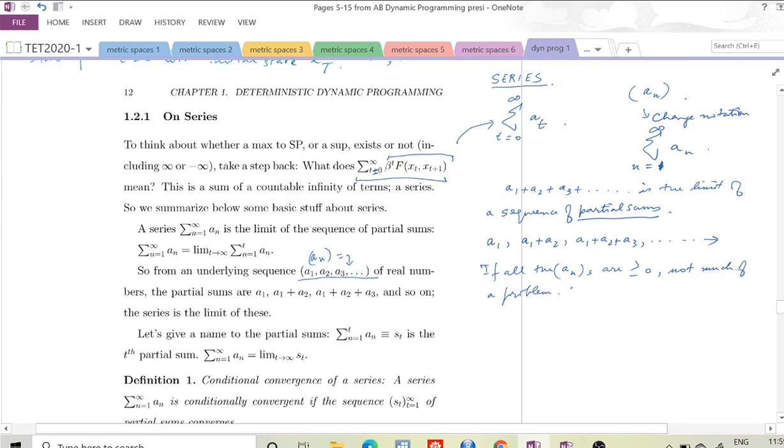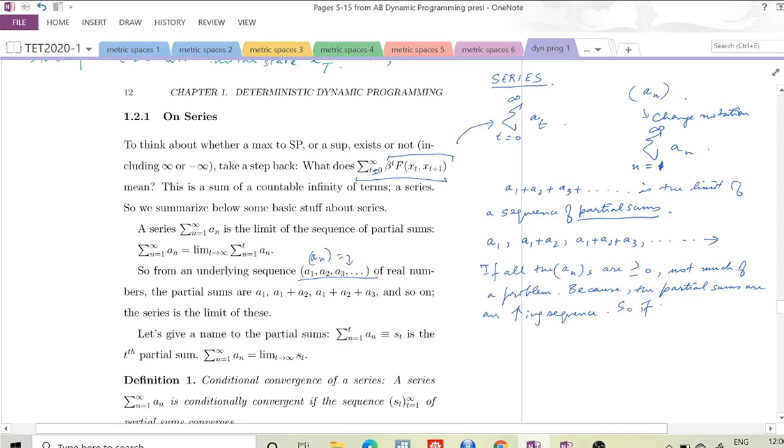It's because then the partial sums are an increasing sequence, right? So A1 plus A2 is greater than or equal to A1, A1 plus A2 plus A3 is greater than or equal to A1 plus A2, and so forth.